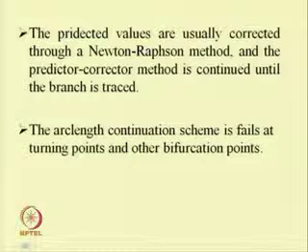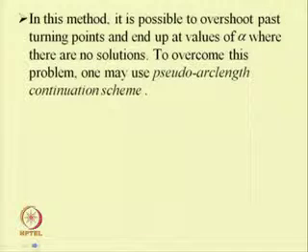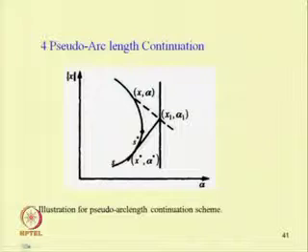The arc length continuation scheme fails at the turning point and other bifurcation points. In this method it is possible to overshoot past turning points and end up at values of alpha where there is no solution. To overcome this problem, one may use the pseudo arc length continuation scheme. So, this is the arc length continuation we are taking.